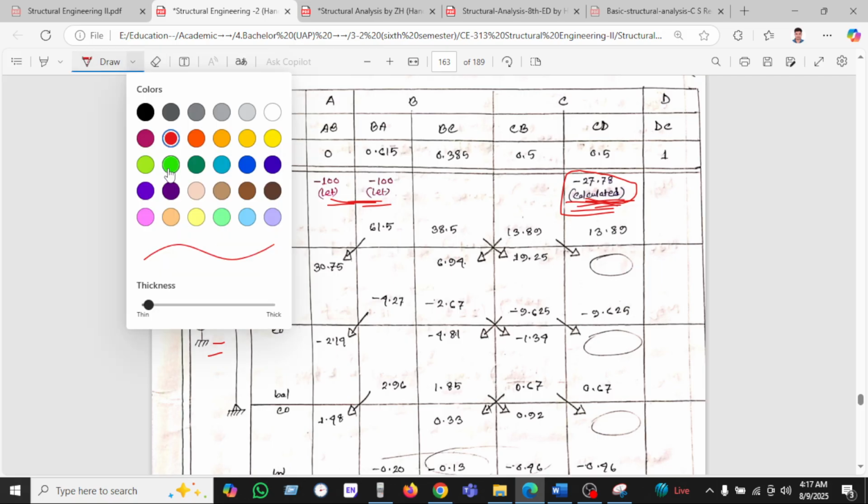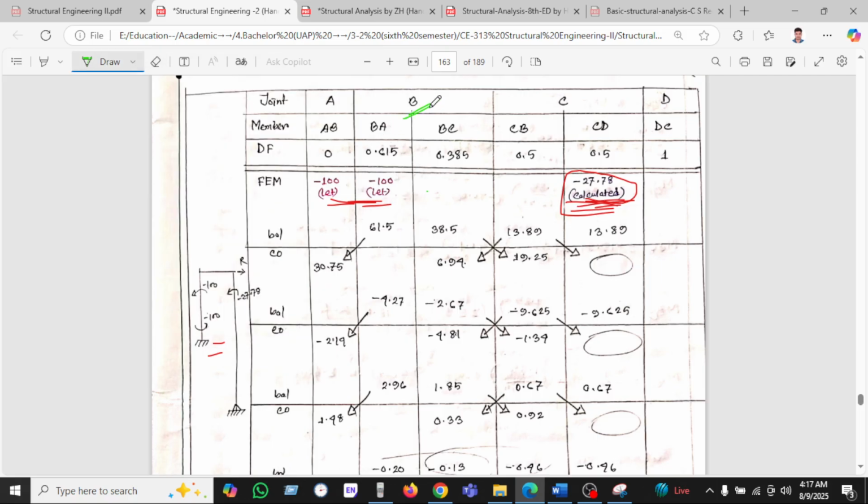So if we calculate here joint B, this is the joint B, 100 into 0.615, 61.5, 100 into 0.385, 38.5, and carry over is 61.5 divided by 2 is 30.75, and this carry over 38.5 divided by 2 is 19.25.